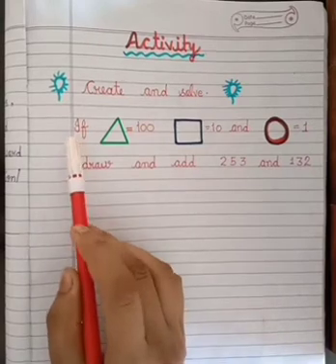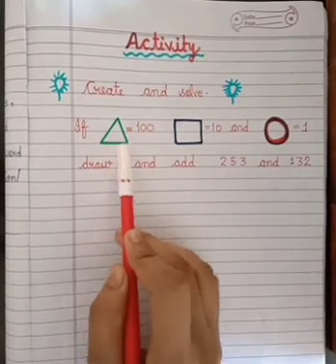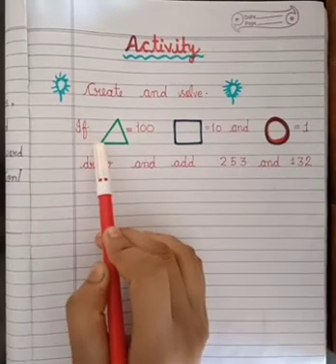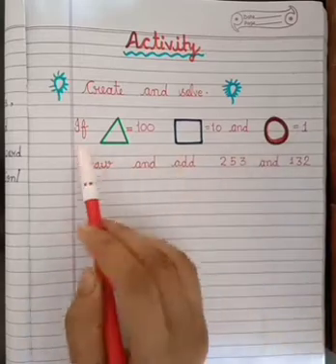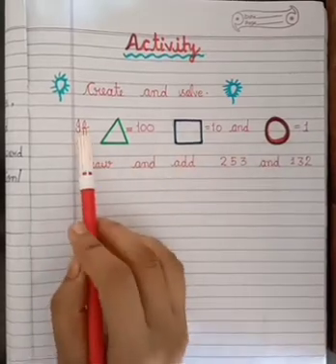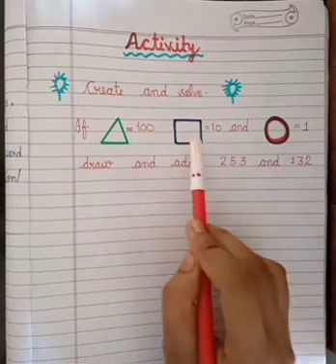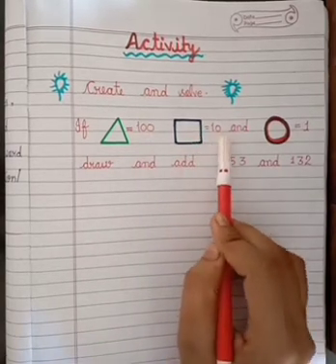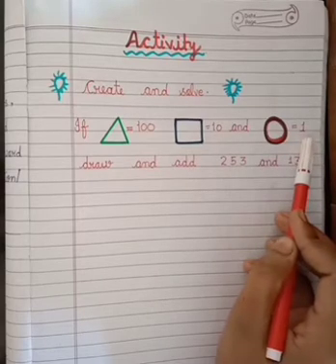Here, if this is a triangle, you all know, and this is a square and this is a circle. Here, if triangle is equal to 100, square is equal to 10 and circle is equal to 1.